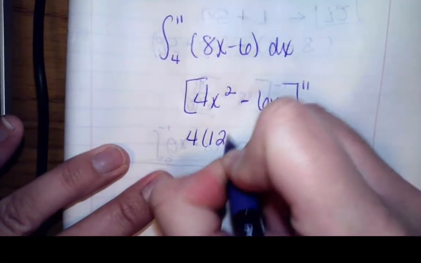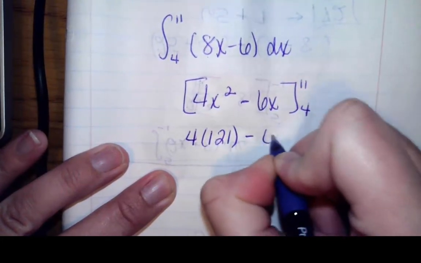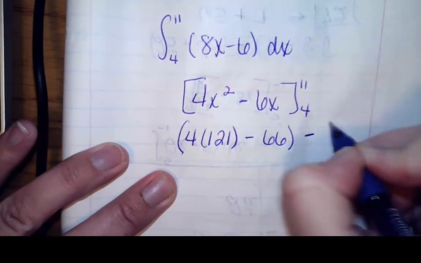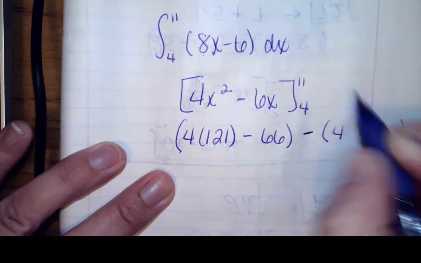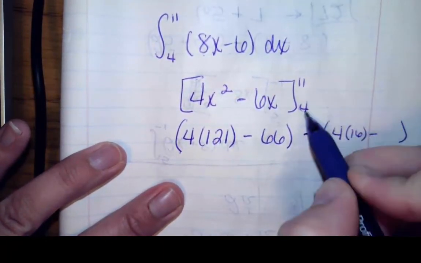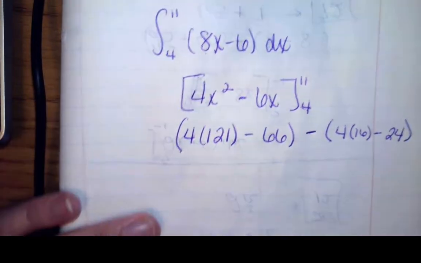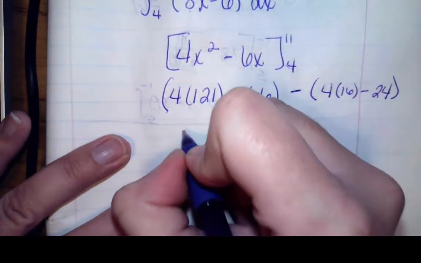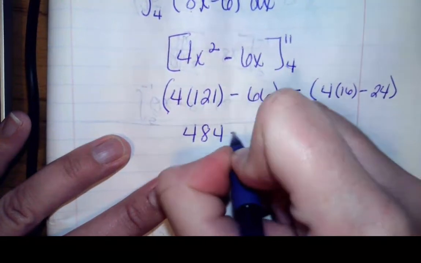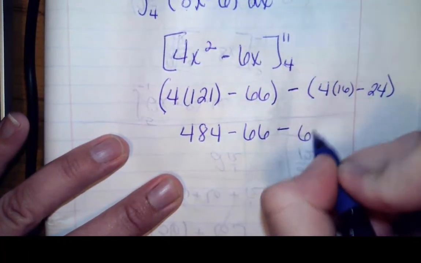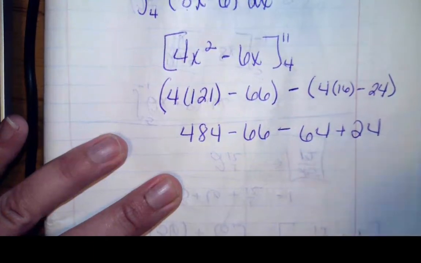So 4 times 121 minus 66, minus 4 times 4 squared, which is 16, minus 24. Okay, so 121 times 4 is going to be 484, minus 66, minus 64, plus 24.